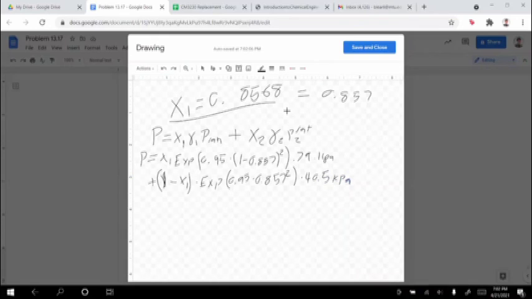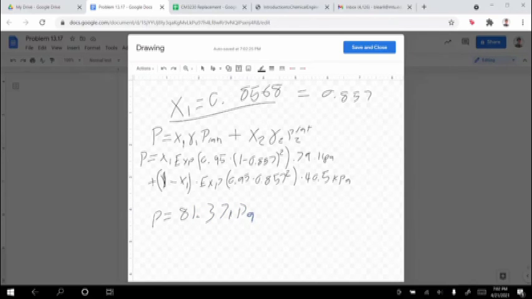And when we plug in our x1 values into this equation, we will get the pressure of 81.37 kilopascals.